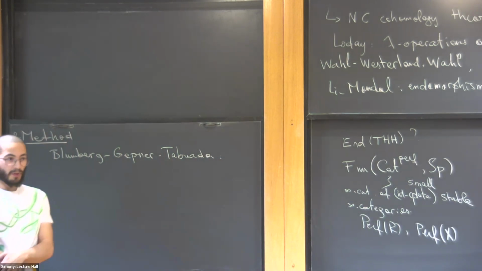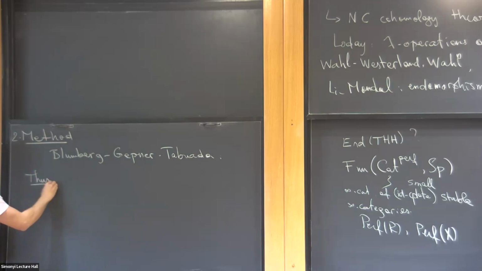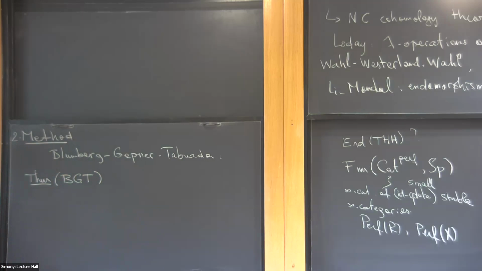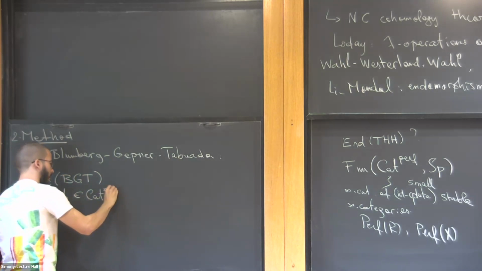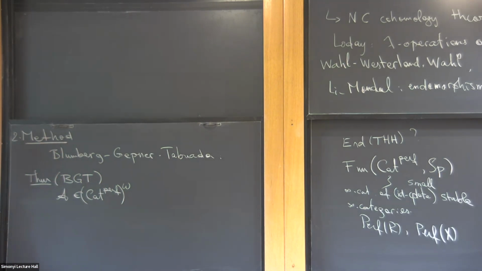And you can extend this a bit further than K-theory, so I'll state a theorem that you can deduce from there. Maybe they even state it. So I'll call them BGT. Which is that if you have A, which is a stable category and it's small enough, so it's compact, so maybe you can think of some ring of finite presentation, as an E1 ring, as an associative ring.